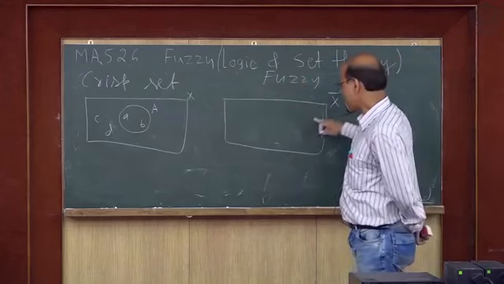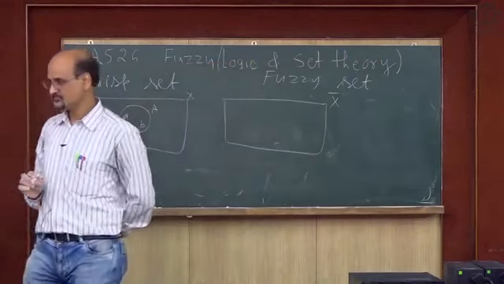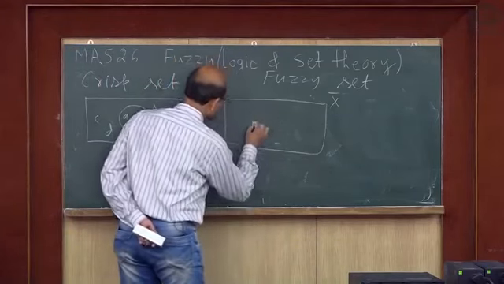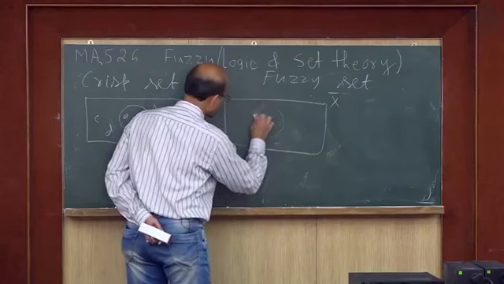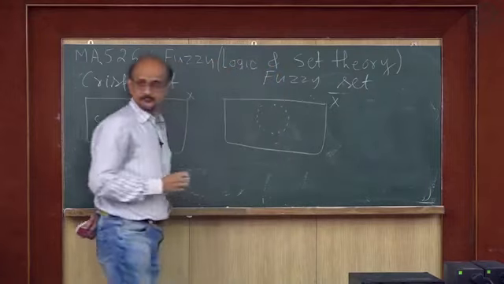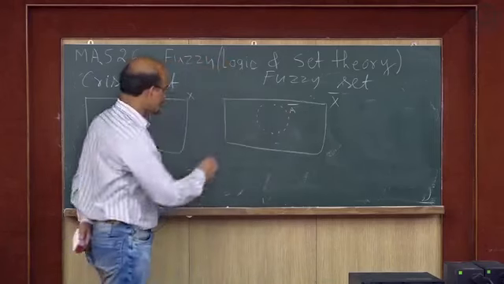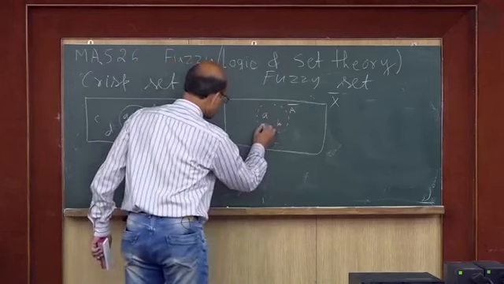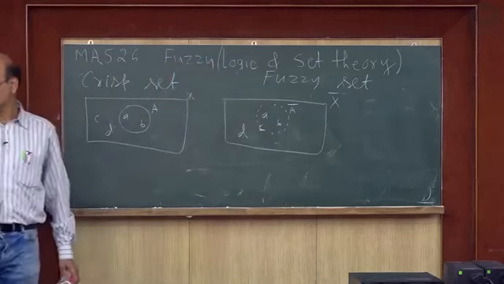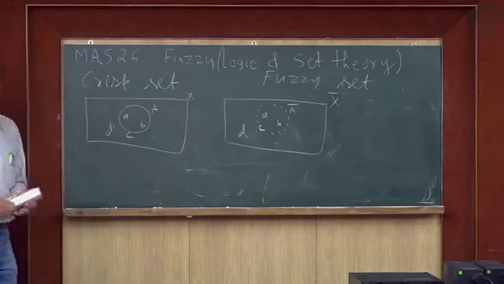Here the fuzzy set, I told you, its boundary is vague. I cannot define the boundary like this, so I will give it by dots. And this is your A bar fuzzy set, and suppose we have A here, B here, C here, D here. I can have C here, no problem, near to this.